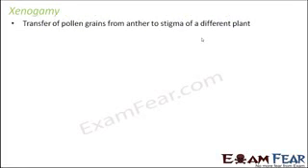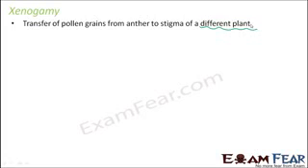Now the last type of pollination, that is xenogamy. So what happens in xenogamy? This is completely cross-pollination. Here the pollen grains are transferred from the anther to the stigma of a different plant. Now when you are going to a different plant, it is functionally cross-pollination because you are actually carrying it from one plant to another.